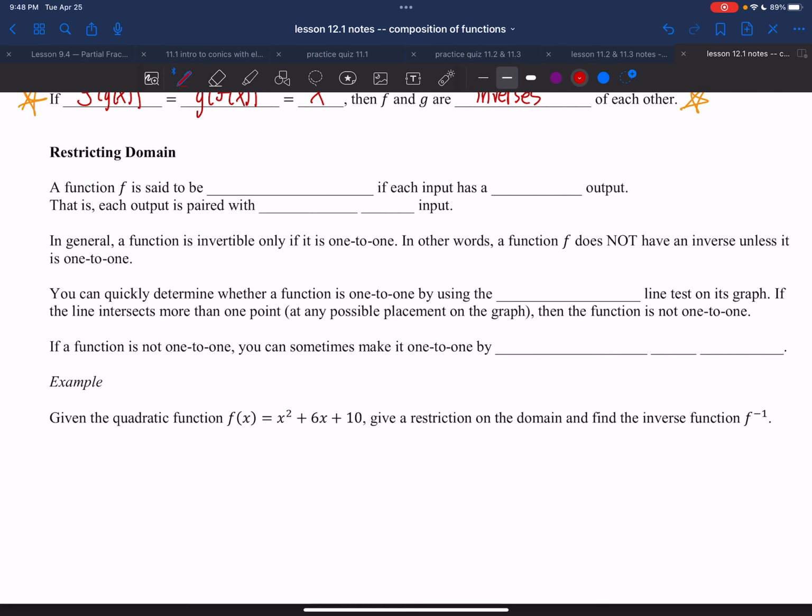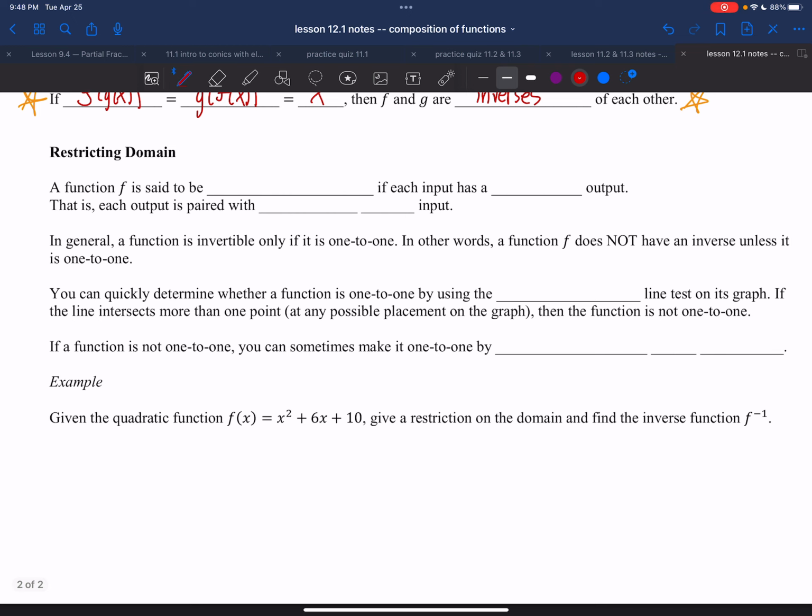So I'll tell you this, the more effort you put into understanding this today, the better you're going to do in pre-cal and the easier it's going to feel, because you're going to do this exact same topic in pre-cal, but with more complicated functions. And if you don't understand this idea, it'll be kind of hard to follow.